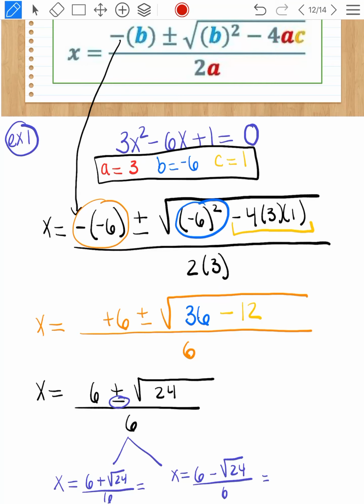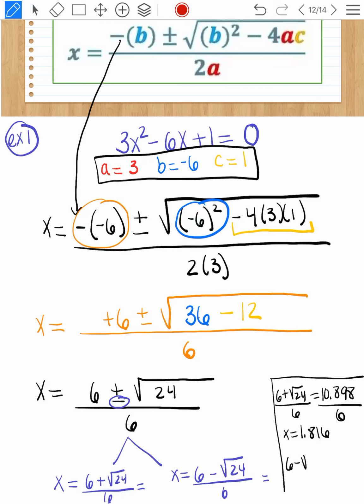For this first one, 6 plus the square root of 24 is going to give me 10.898. And then I'm going to divide that by 6. So I have one of my solutions is 1.816.